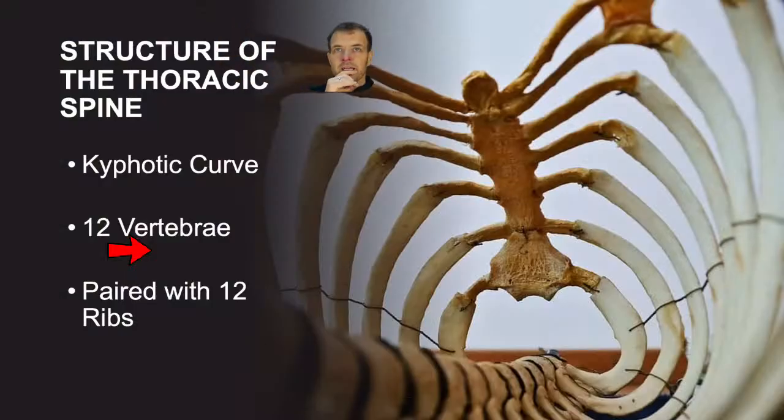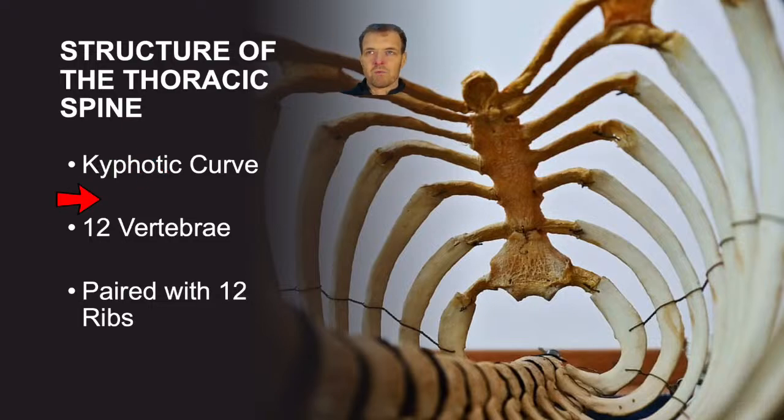Excuse me if I'm teaching some of you to suck eggs, but we'll go from the basics. The structure of the thoracic spine is that it usually has a kyphotic curve, so it curves outwards. If you think about a hunchback, that's a very exaggerated version of that curve. But that's usual. It should usually curve outwards.